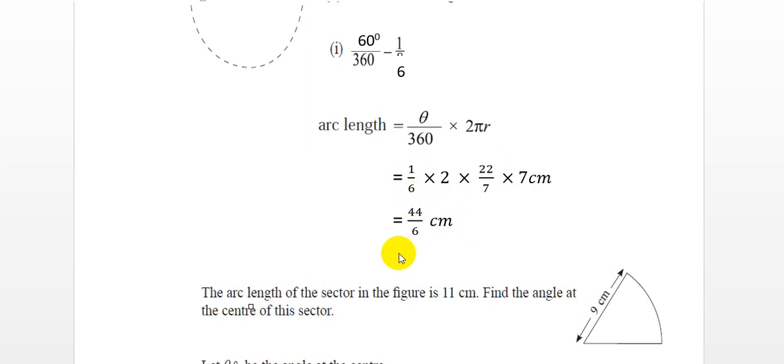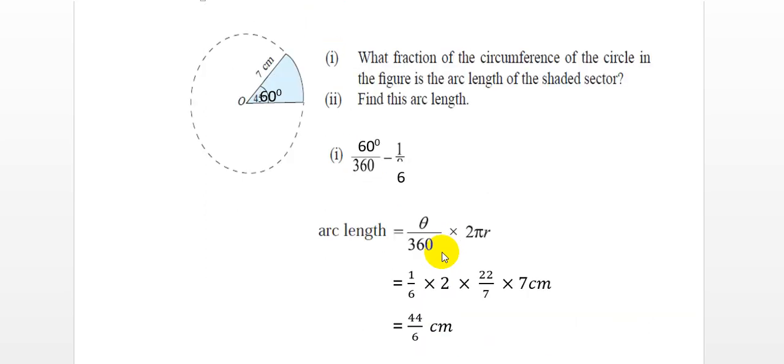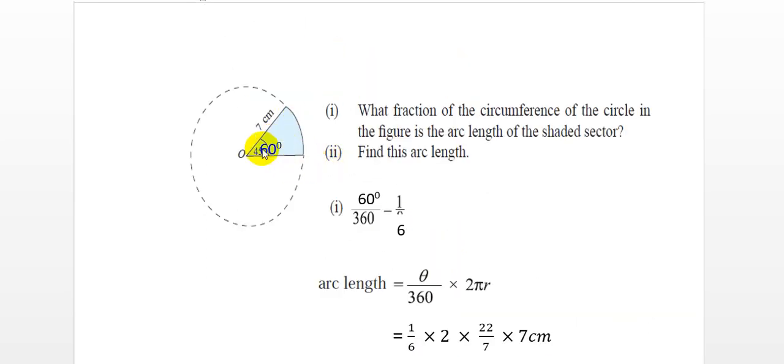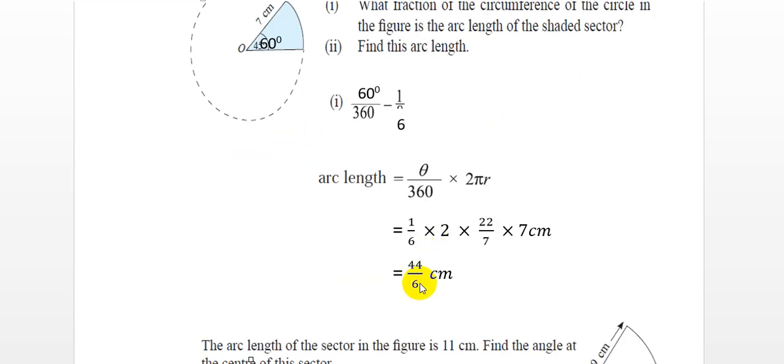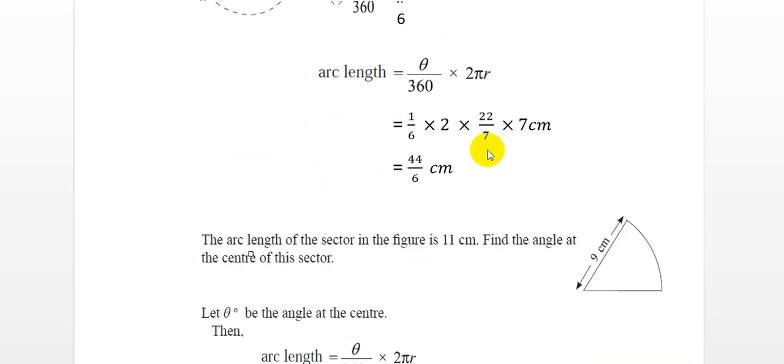If you want to simplify further, you can divide by 2 and write 22 over 3 centimeter. That is the arc length of this particular sector of the circle, or in other words, the arrow pointed length, which is 44 over 6 centimeters.